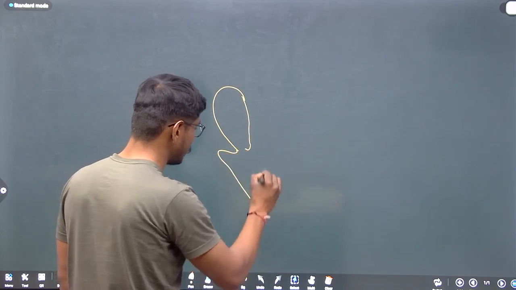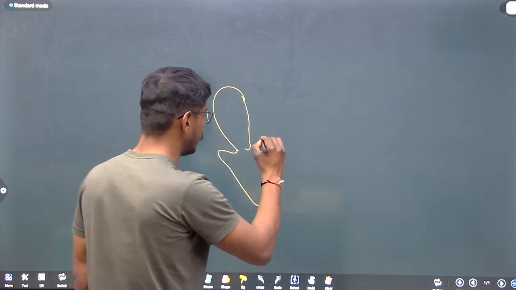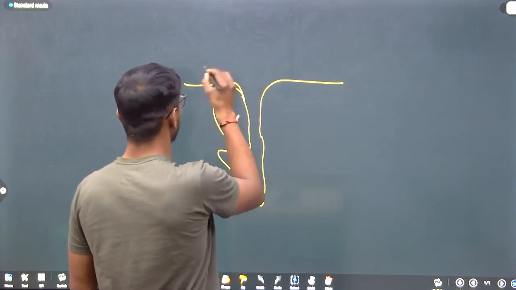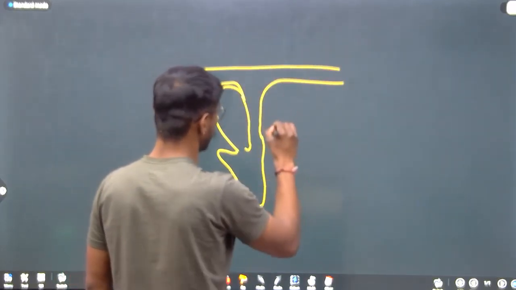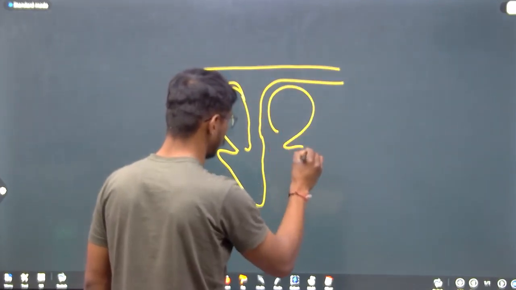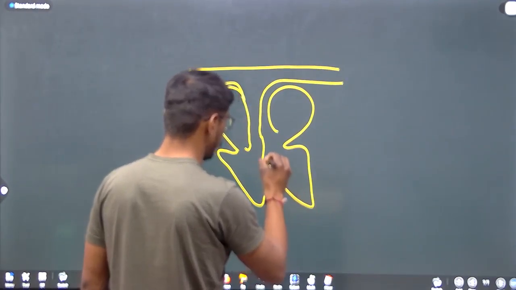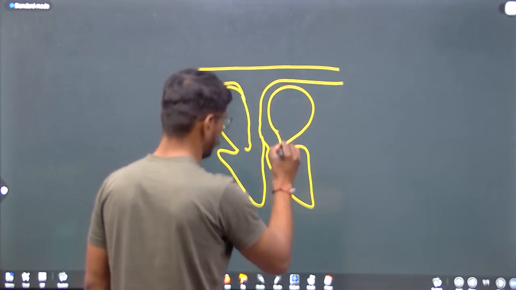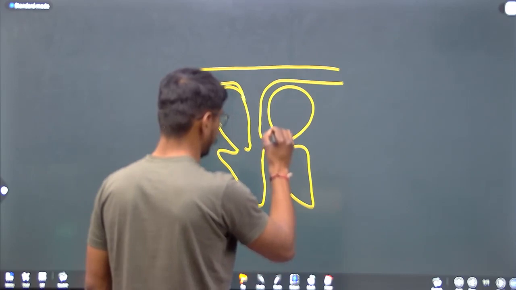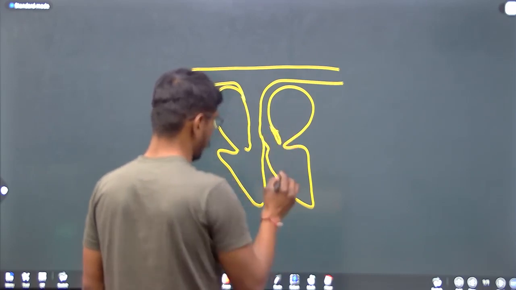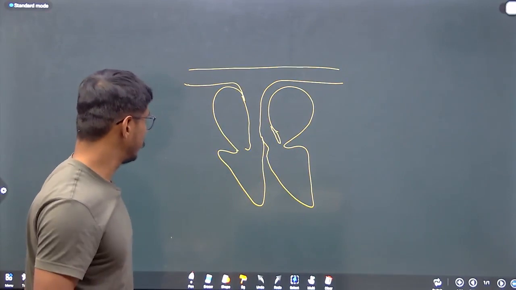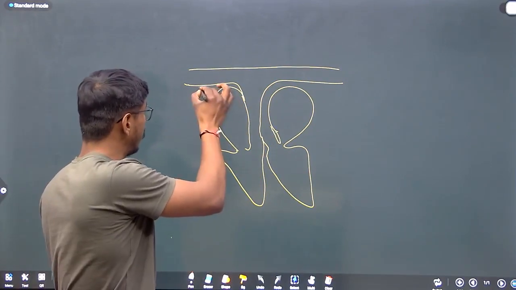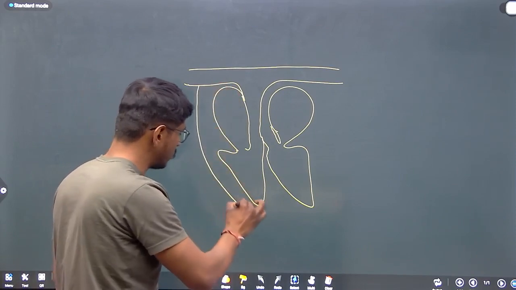This is first, this is second, and yeah. Okay, so these are the 4 chambers which are there in the structure of the heart, and we have an outer box, so let's draw it.